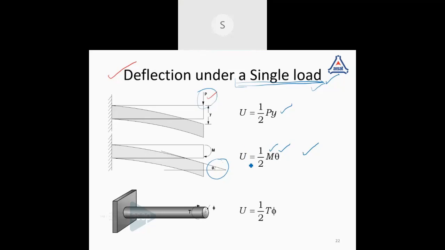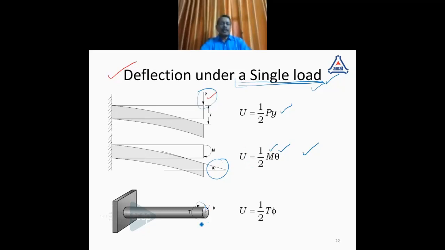Now the third case is the case of torsion. A torque is applied onto this circular bar. Once a torque is applied, the bar which is fixed at one end undergoes a twist of phi.